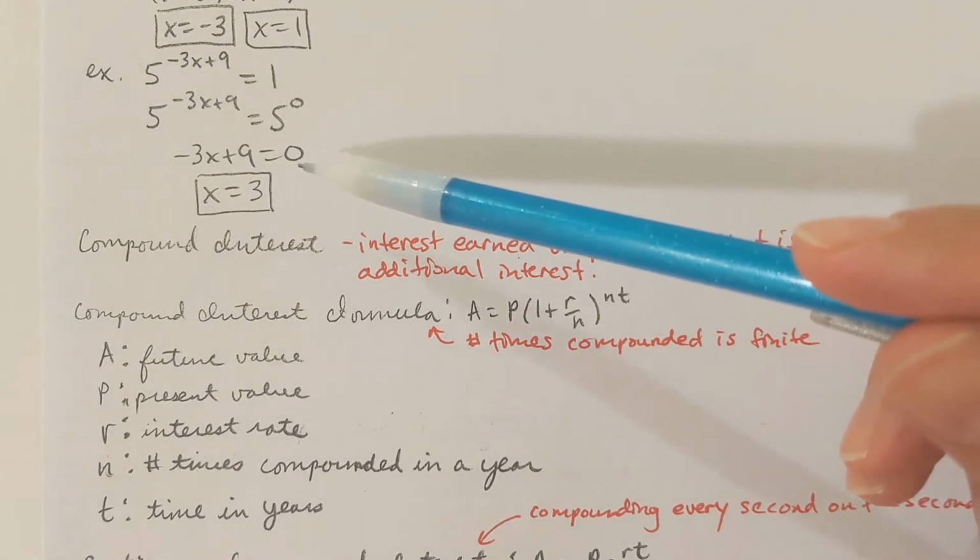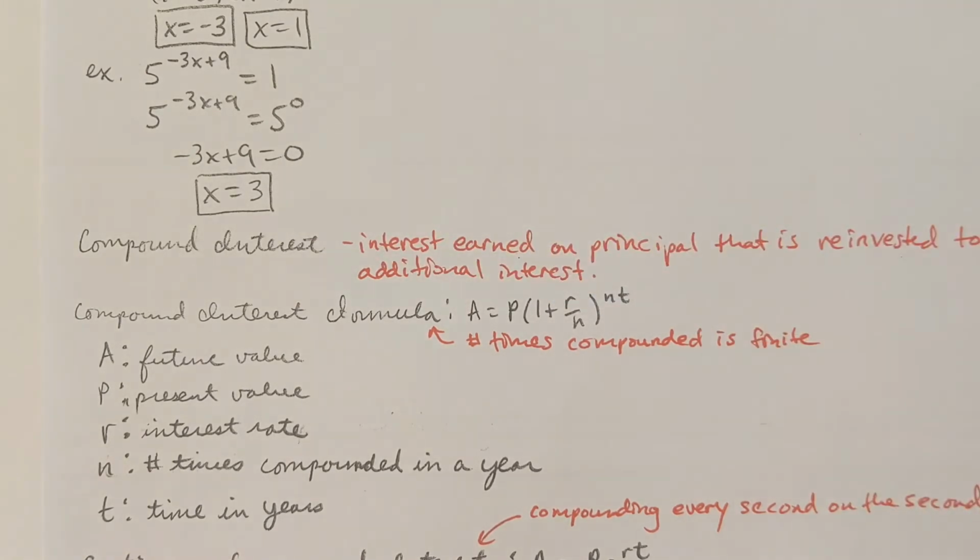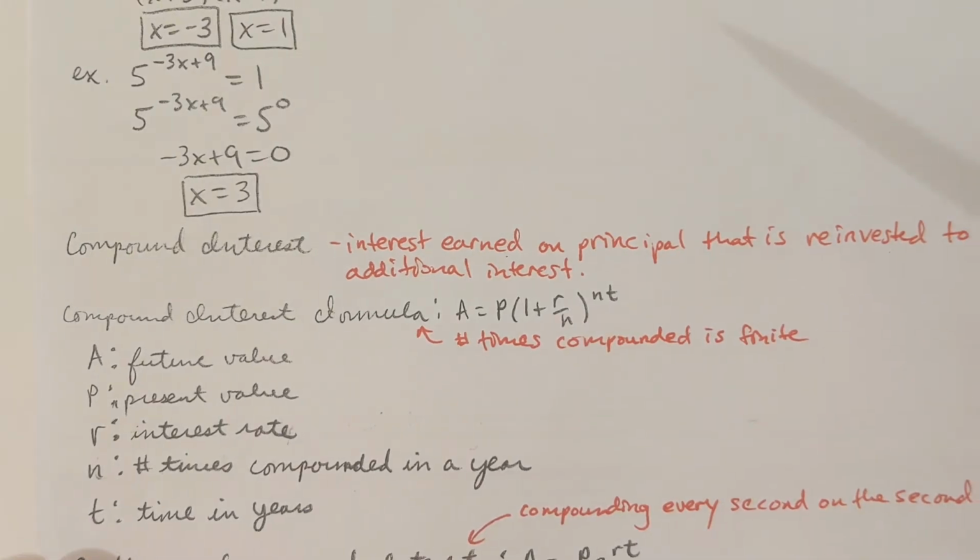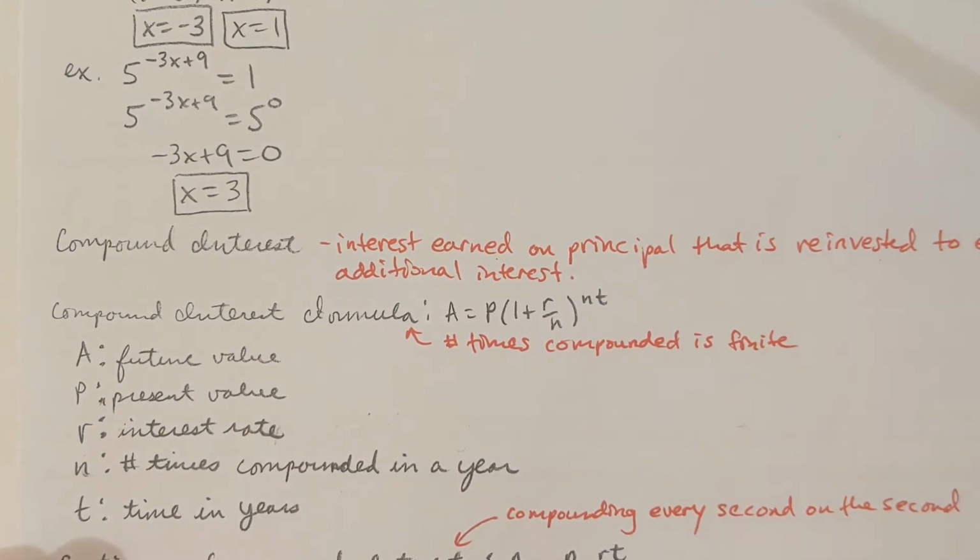If you add 3x and then divide by 3, x is 3. Okay. So there's a little bit with the exponential equations in this section. Probably the bulk of exponential equations is in 5-6, though. Okay.